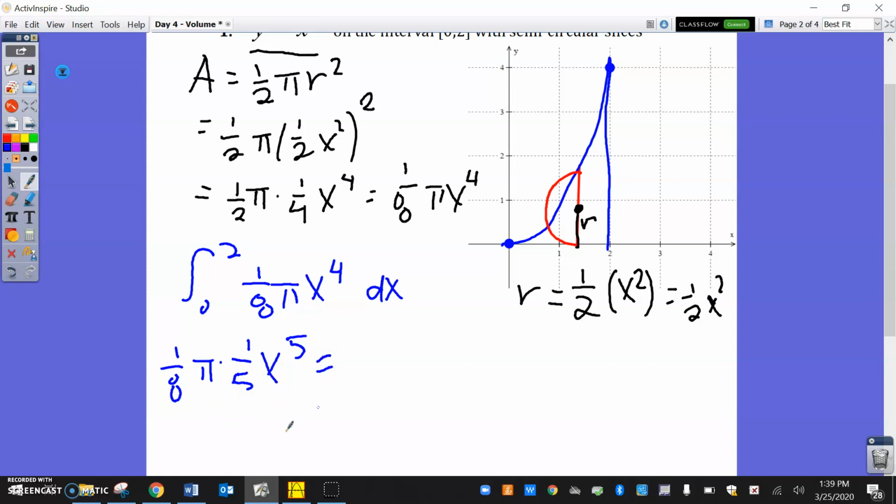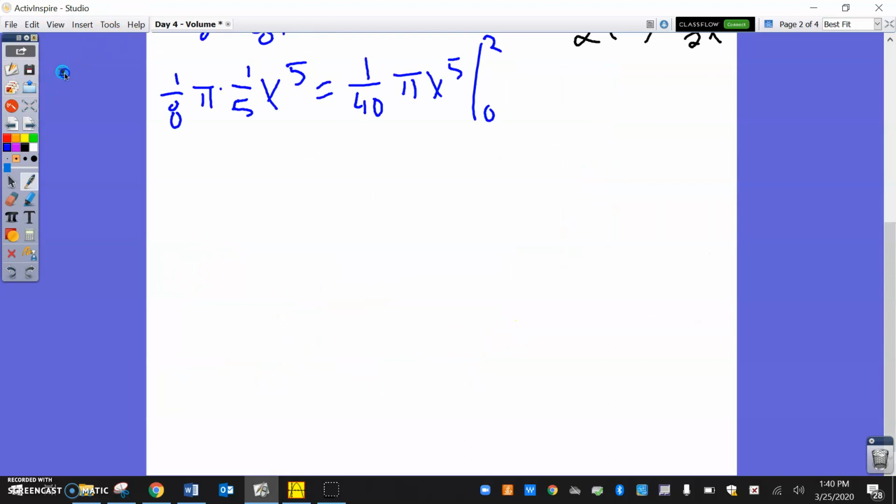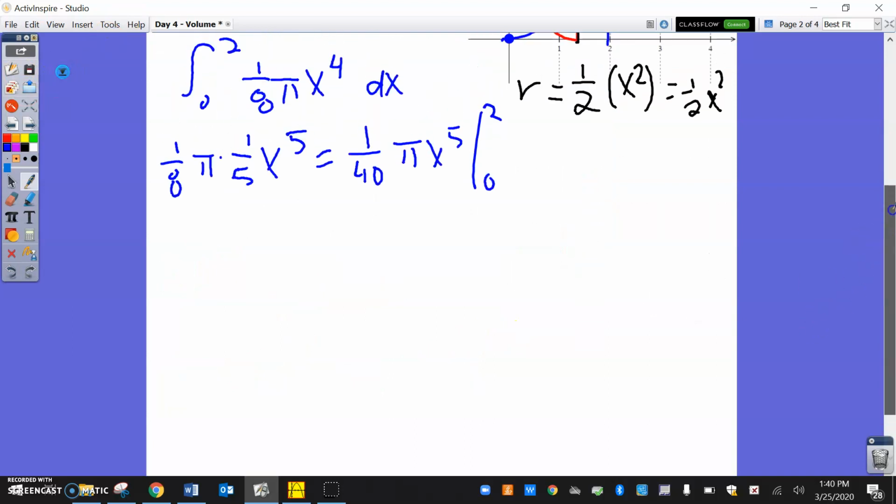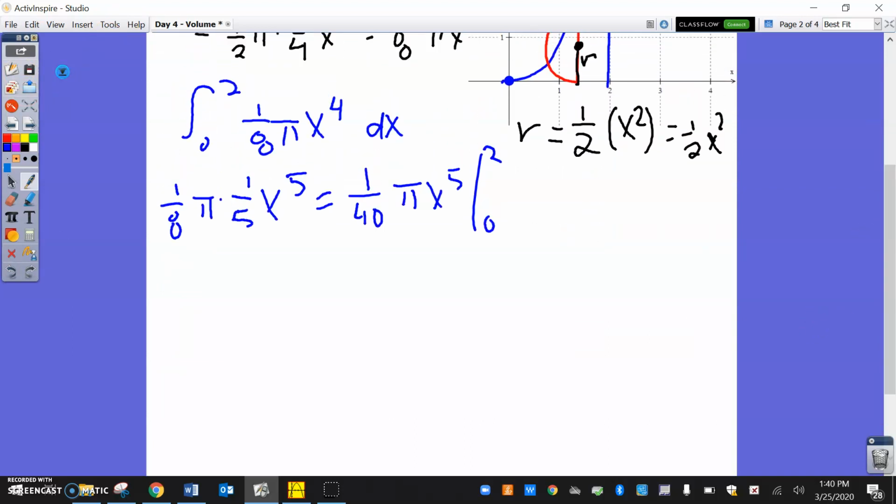So 1/8 times 1/5 is going to be 1 over 40 pi x to the 5th. Then I can plug in 2, plug in 0, and evaluate that. When I plug in 2, that's going to be 1 over 40 pi times 2 to the 5th.